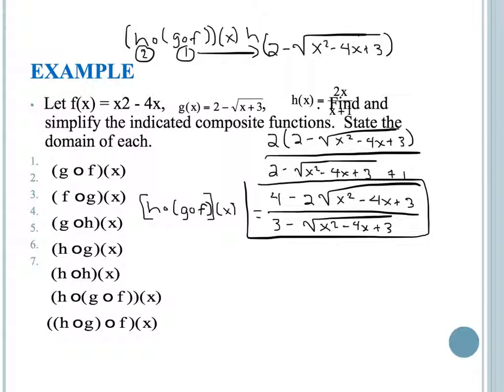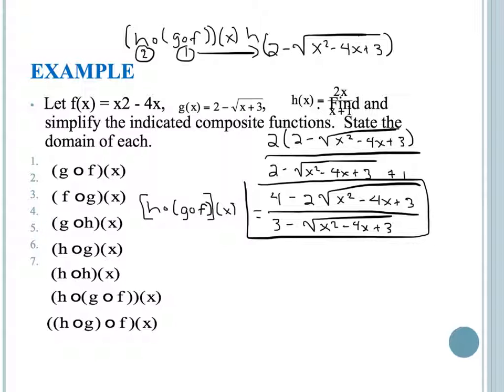If I look at the last problem, this is telling me that I need to work on h of g. I need to find that one first, and then I need to use the f function. And so h of g we also found in the previous page, and so I copied that down. And again, it's gorgeous.